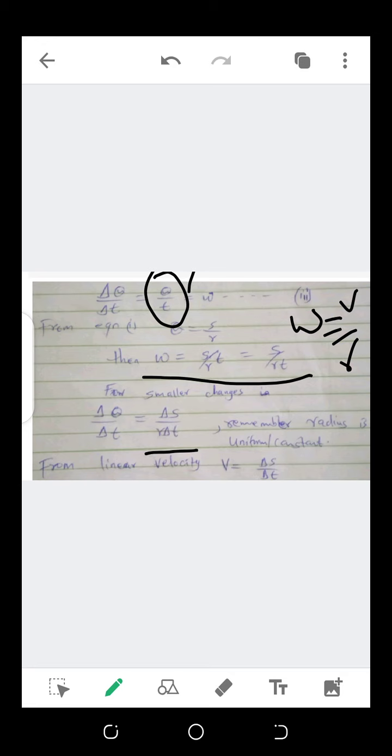One way, we'll use the radians, then divide by the time given, or the change in time. Another way, angular velocity is equal to linear velocity, that is v, you divide by r, and I've shown how we can derive it.